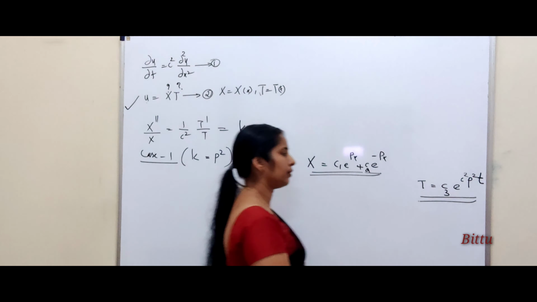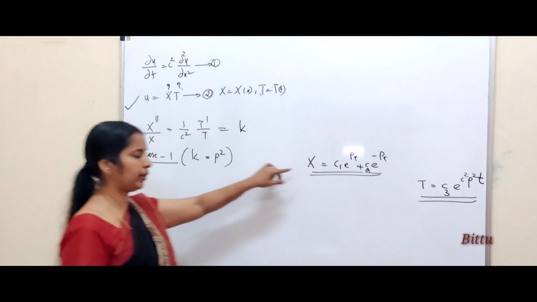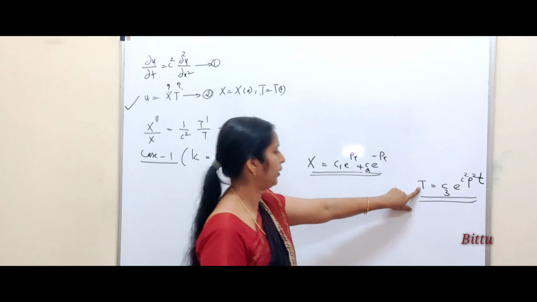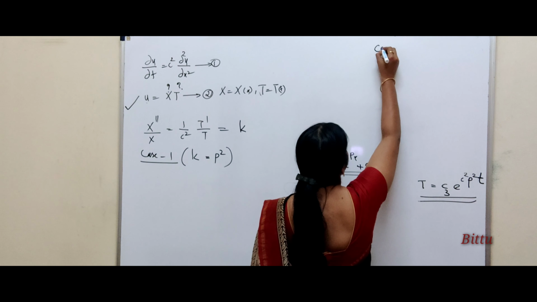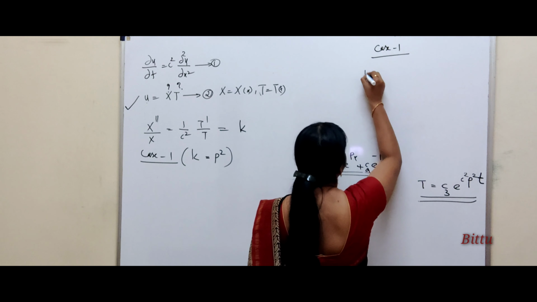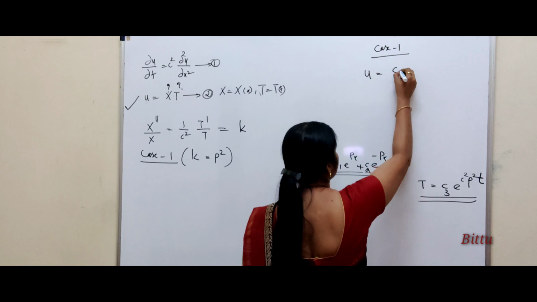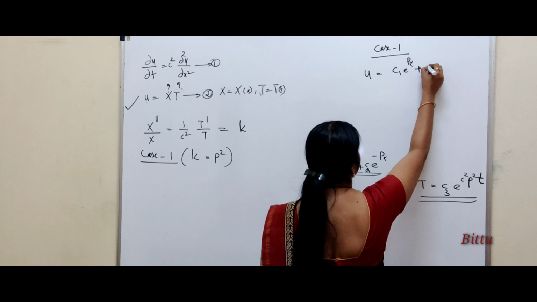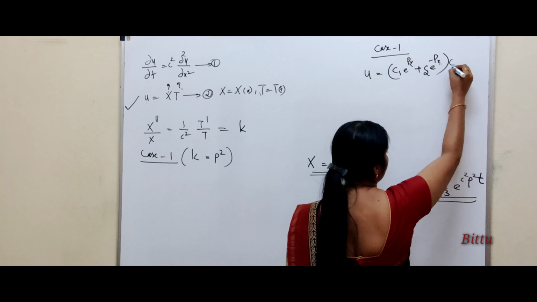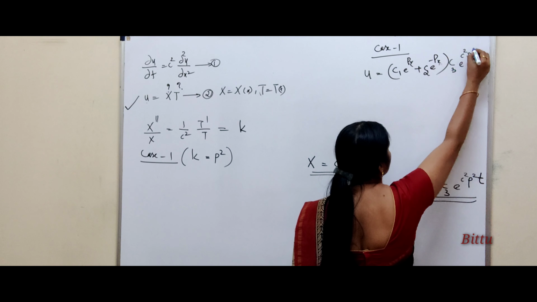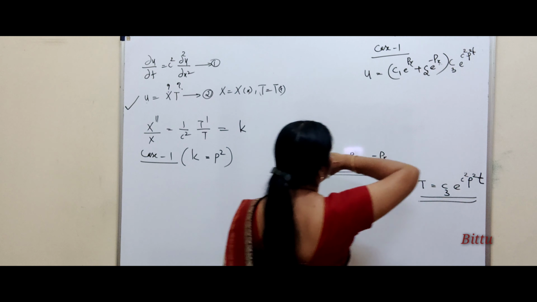I forgot to write T. In case 1, we have capital X and capital T. So the corresponding solution u is X into T, that is c1 e raised to px plus c2 e raised to minus px into c3 e raised to c square p square t. In case 1 we have this solution.